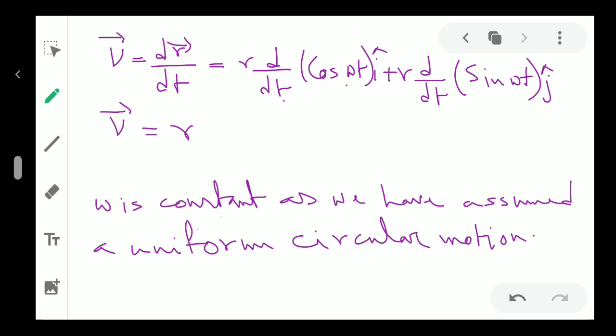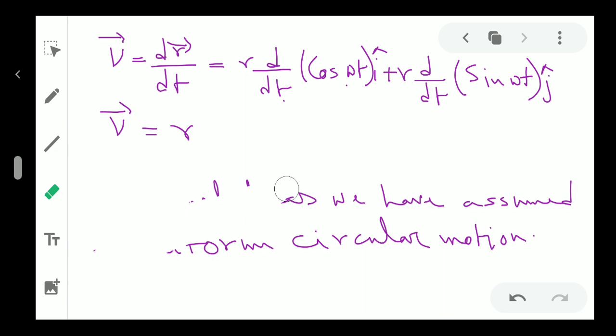So this is not that motion. But even if omega is not constant, we can also find the value. So at first we will do it with this simpler assumption, and then we will go into that, because that will also be quite interesting.